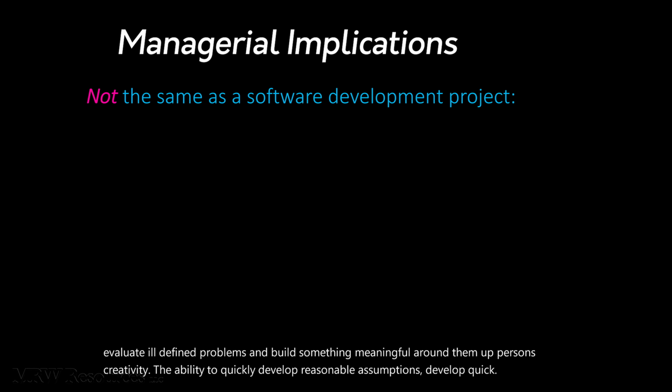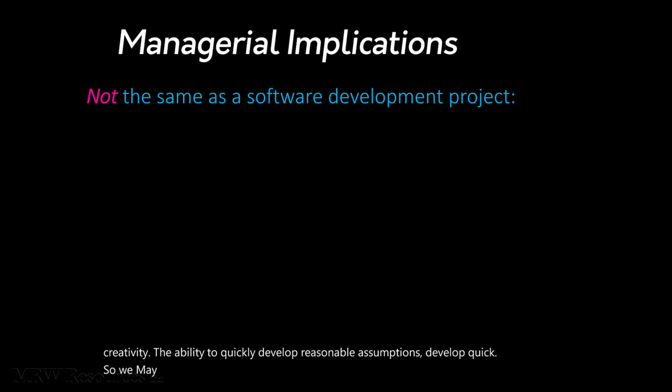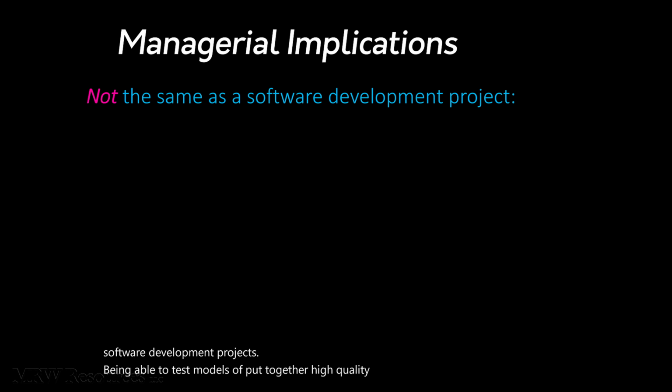So we may have more of an affinity to agile software approaches than we do your standard software development projects. Being able to put together high quality tests, analyze those models, analyze solutions appropriately.